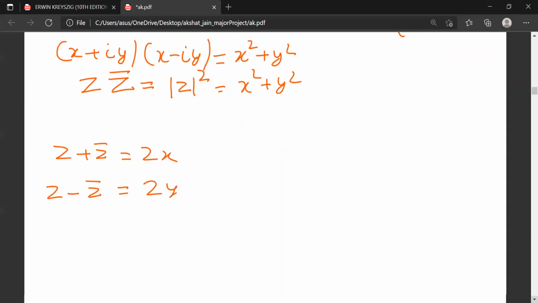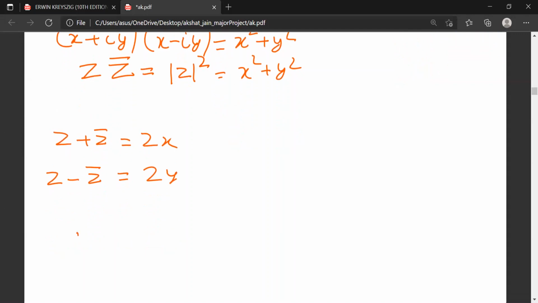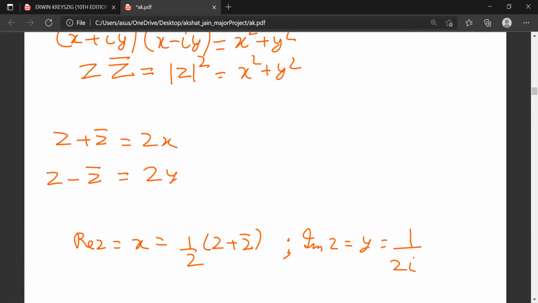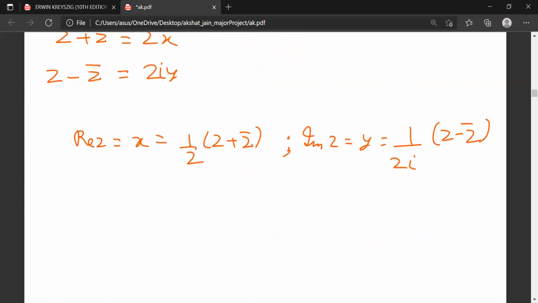So a good conclusion comes here: the real part of z equals x, which equals 1 by 2 times z plus z bar, and the imaginary part of z equals y, which equals 1 upon 2 iota times z minus z bar. This is the imaginary part.